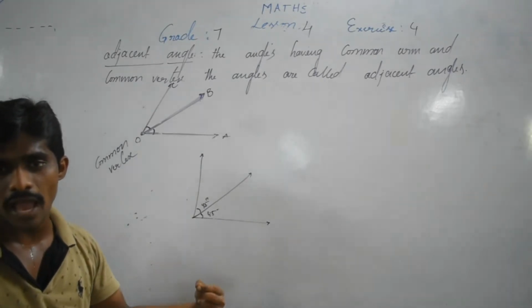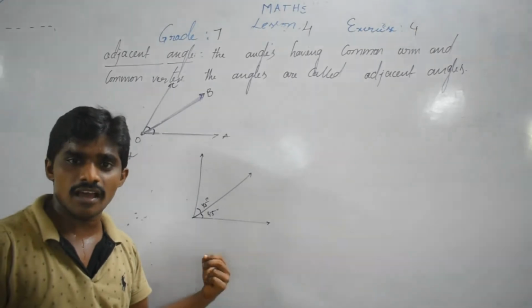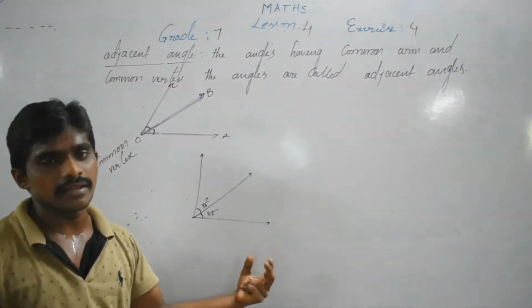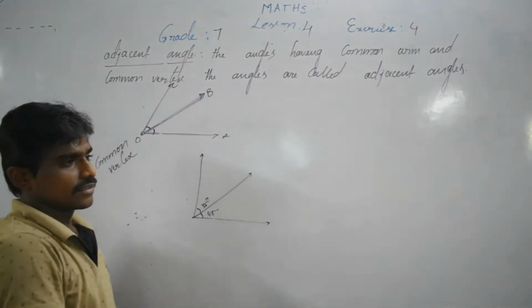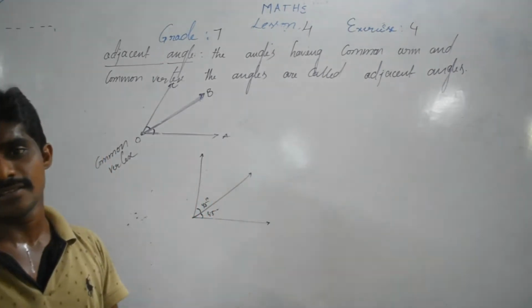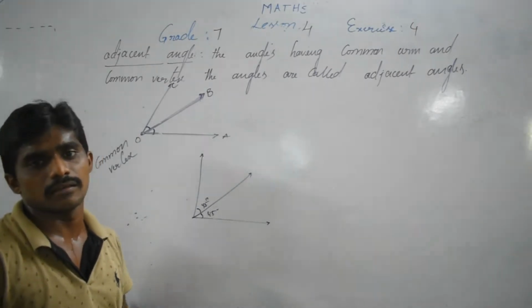If the sum of the two angles is equal to 90 degrees, those angles we call complementary angles. So these adjacent angles sum to 90 degrees, and we call them complementary angles.